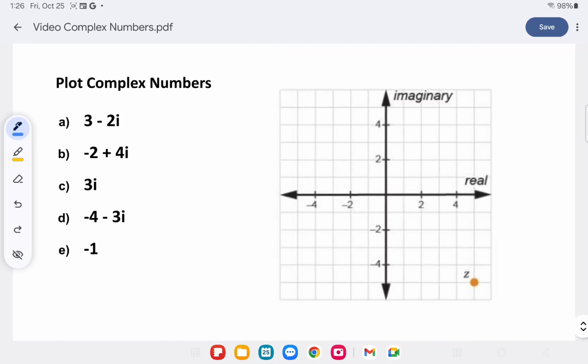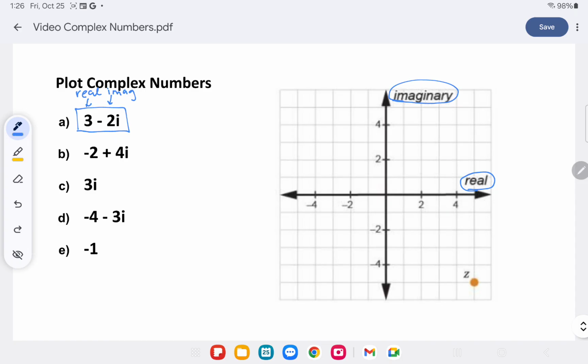This I do not find nearly as important, but you can plot complex numbers if you make the y-axis your imaginary axis and the x-axis your real axis. So if I'm plotting the number 3 minus 2i, that means 3 is my real number and -2i is my imaginary number.